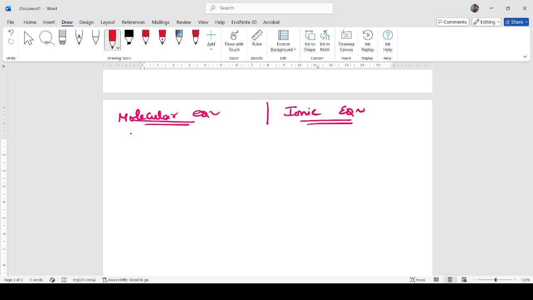So what is this molecular equation? Consider I am giving KMnO4 plus some S2 minus is reacting. H2C2O4 is reacting to form CO2.